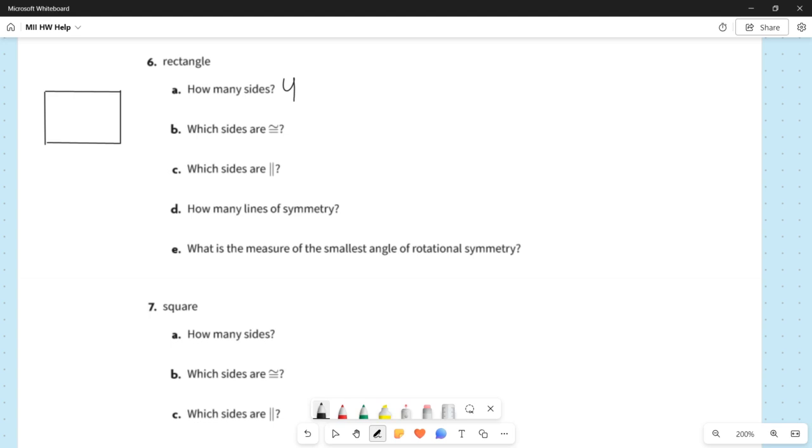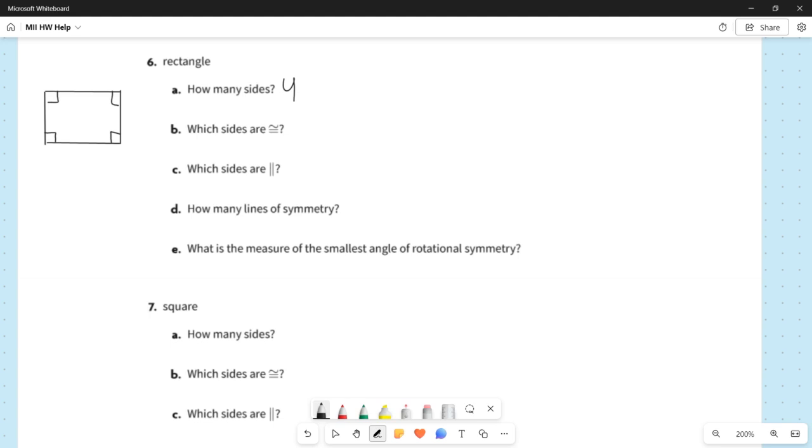Which sides are congruent? Now, I'm noticing that none of these questions deal with the interior angle. So let me just get that out of the way right now. The definition of a rectangle is that it is a quadrilateral with congruent angles. Now, because a quadrilateral always sums to 360, and because they're congruent, that implies that the angles are specifically 90 degrees, because 90 times 4 is 360.